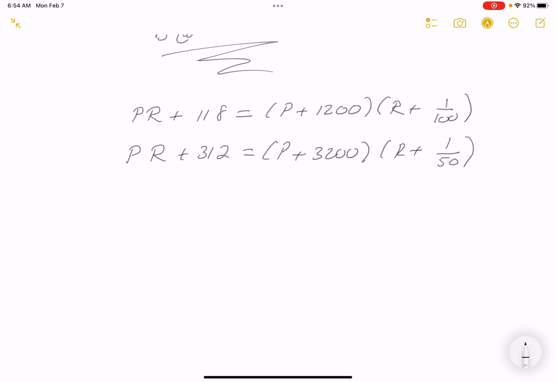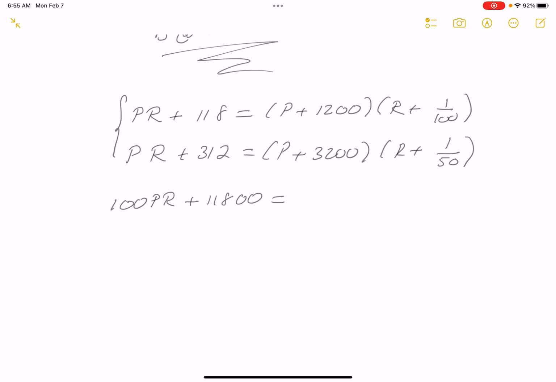All right, now it seems like I have to do something with the problem. What I'm going to do is try to simplify each equation a little tiny bit. The top equation, I'm going to multiply by 100. So you would get 100 PR plus 11800. You know what?